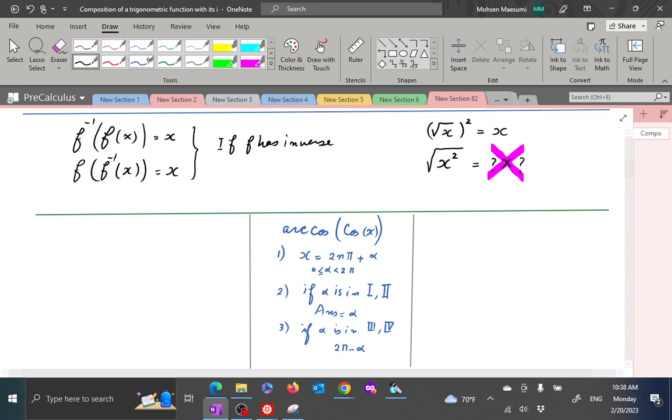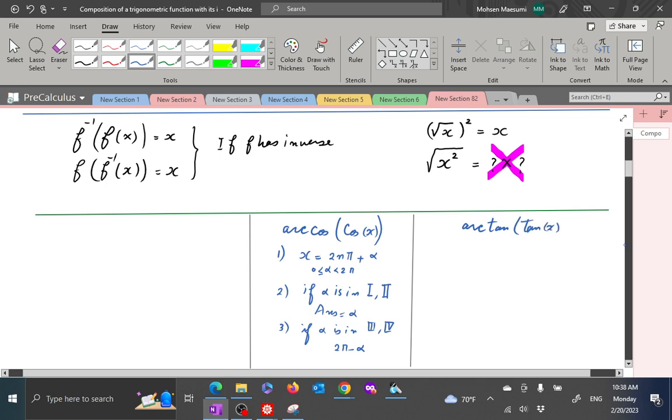So once again, suppose we want arc tangent of tangent of x. To standardize things, first we find a coterminal angle with x that is in the first circle.